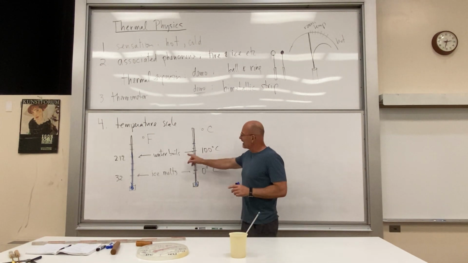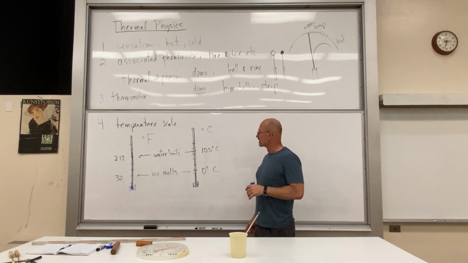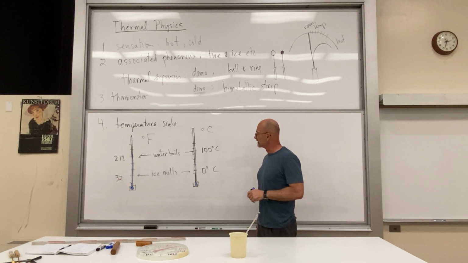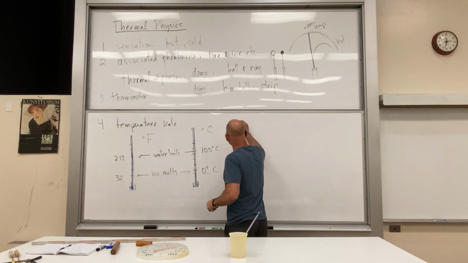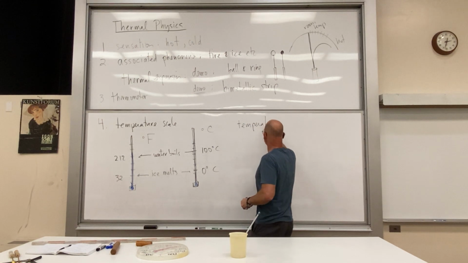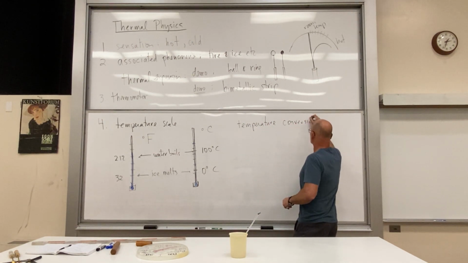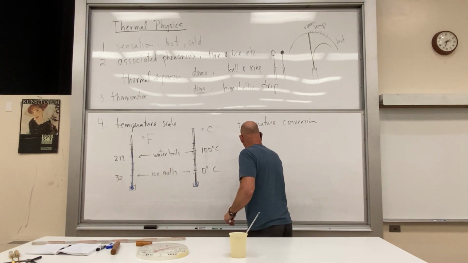The conversion of these I may save for some other time. The conversion between them, nowadays everybody just types it in and finds out how to convert these. But we'll do it now. Temperature conversion. I should assign this as homework. Temperature conversion. One thing we can do is this.